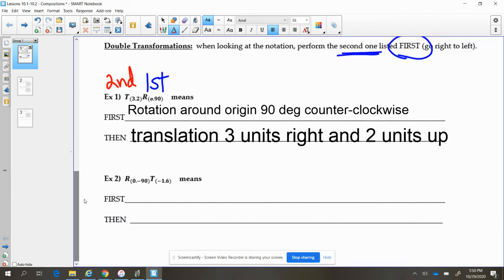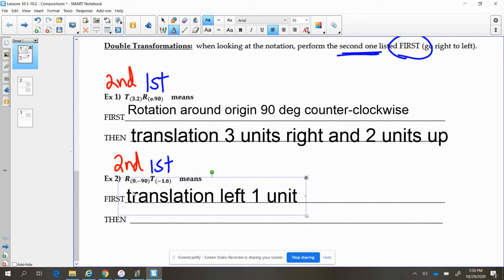Now on the second example here, our first one this time is actually going to be the translation, because again, we always go right to left. Composition of functions, we always start with the inner function, same kind of idea here. So this time we are performing first the translation left 1 unit, since it was -1, and up 6 units.